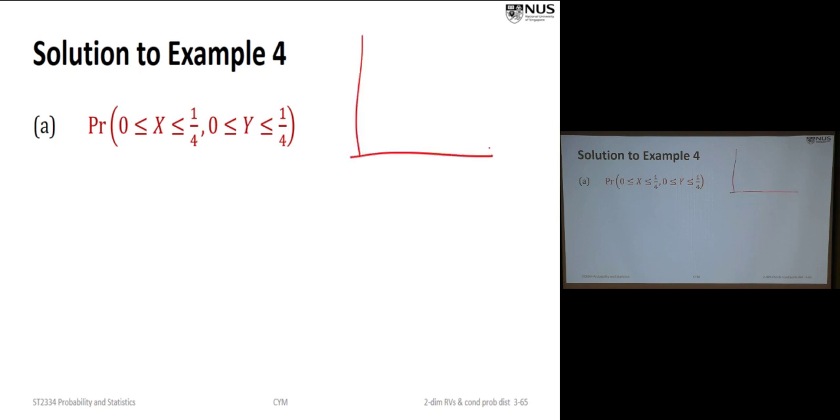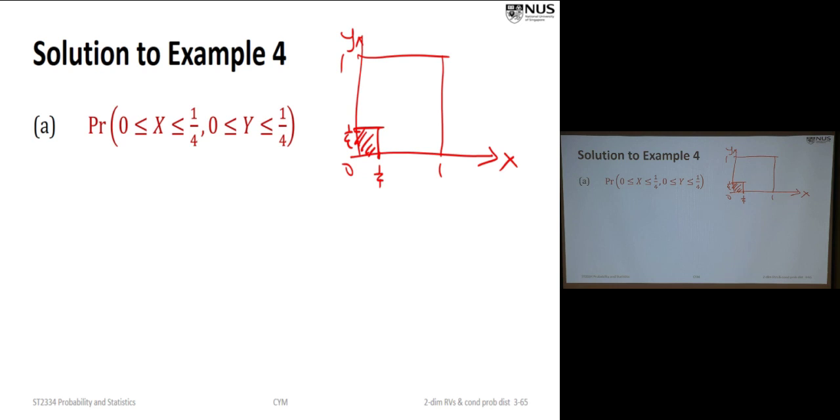Remember our x and y. The PDF is defined over this unit square, and what we have is x between 0 and 1/4, and y between 0 and 1/4. So we are looking at not this area, but the volume, you can think of it as something coming out from the screen.